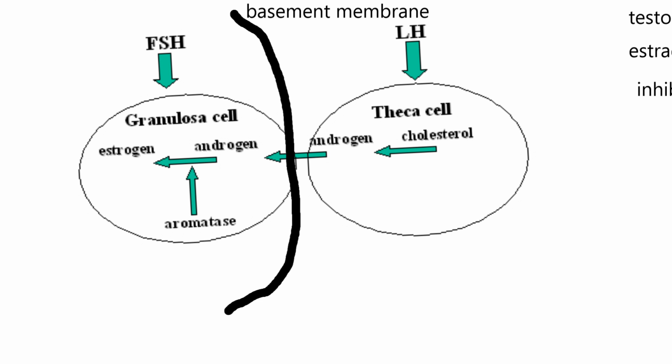Okay, so let me do this. Outside of the follicular wall, you can see I'm making little dots. And those are theca cells. Theca cells. There should be a plural on that, an S on that.